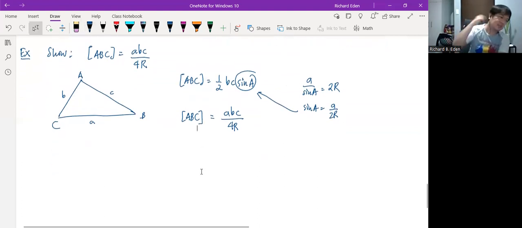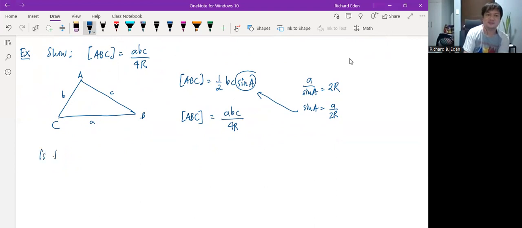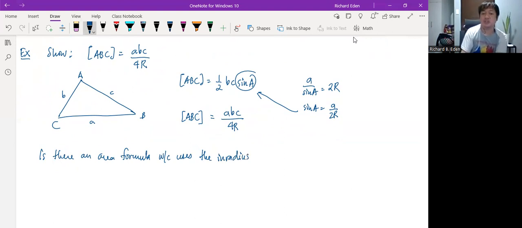Okay. Is there a formula for the area of a triangle which uses the in radius? Hindi ko po alam. Okay, unless otherwise stated, I'll be using big R for the circumradius and small r for the in radius.